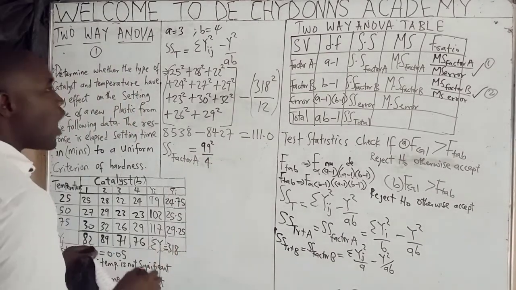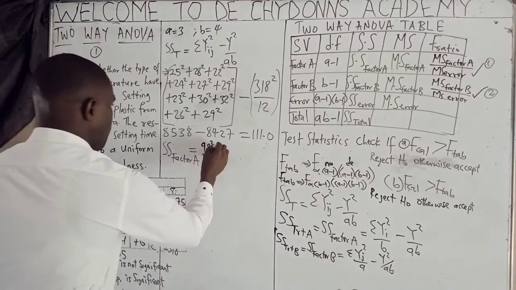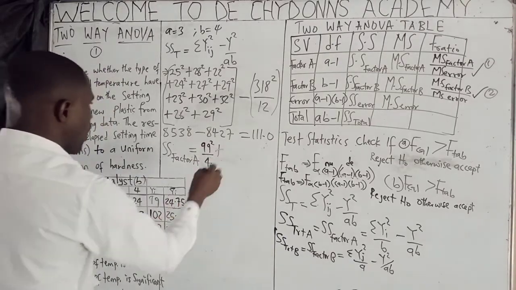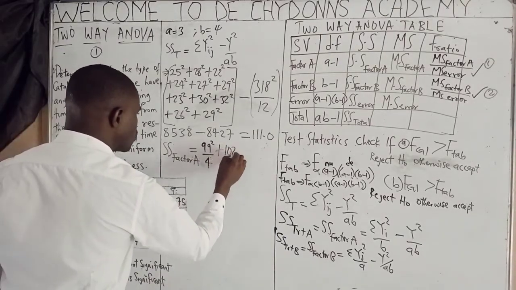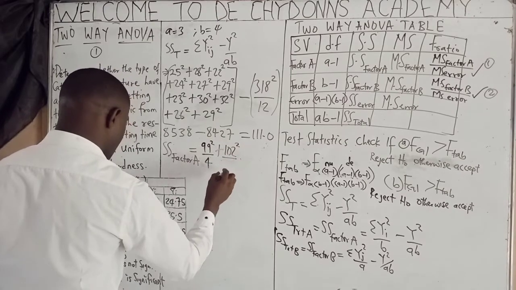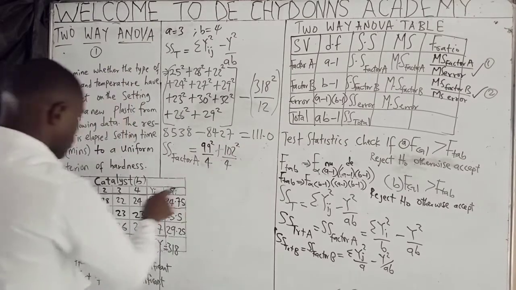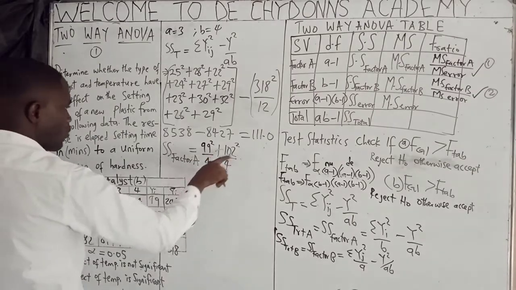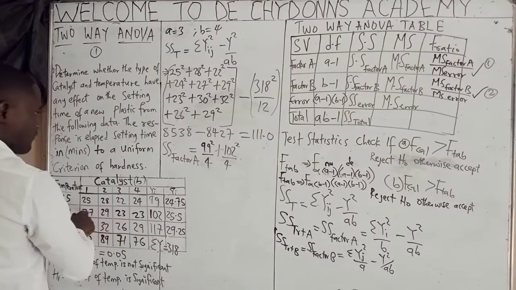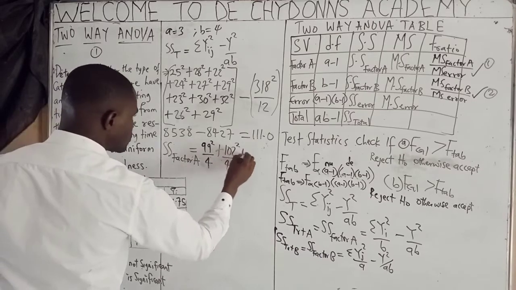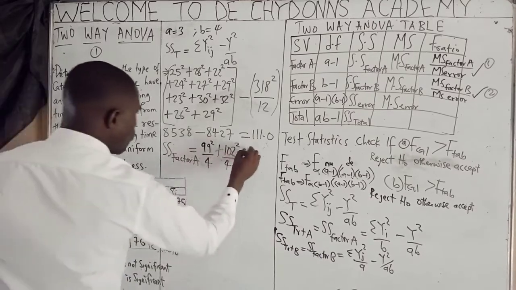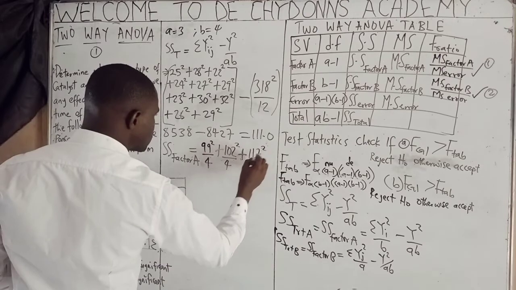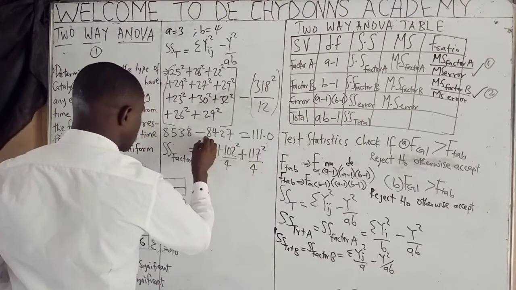So 99 squared all over 4 plus the next one, 102 squared all over 4, plus the next one, 117 squared all over 4.